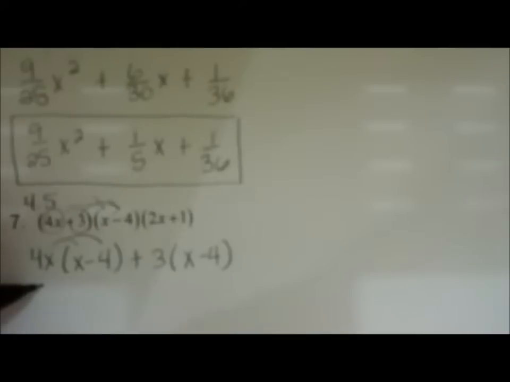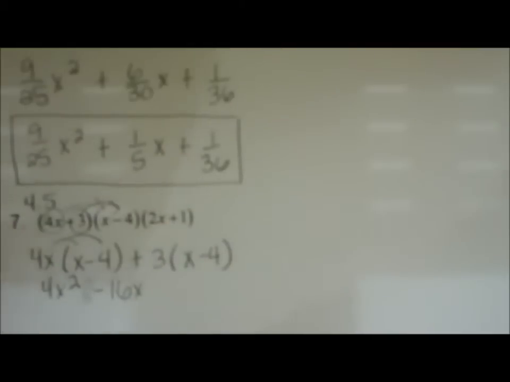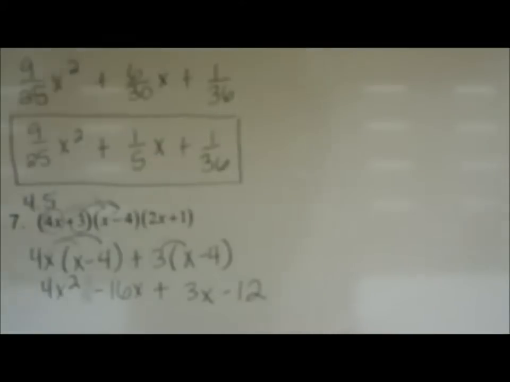So that gives me 4x squared minus 16x plus 3x minus 12. Okay, from there I'm going to combine these two terms here.